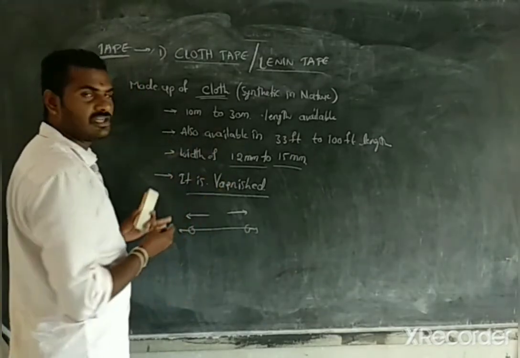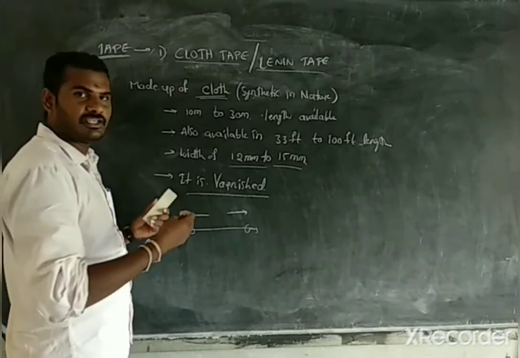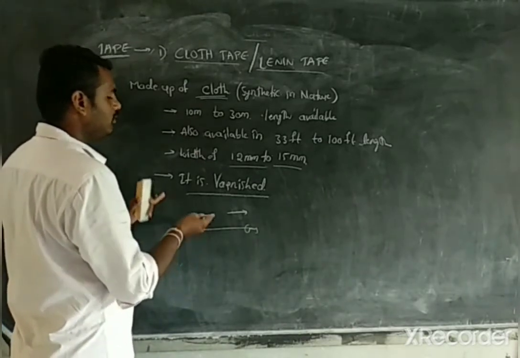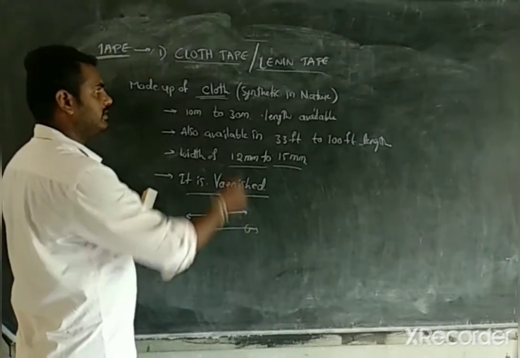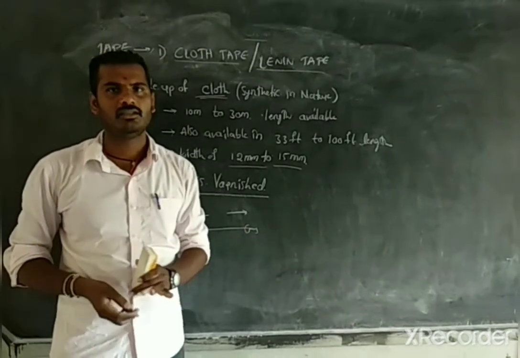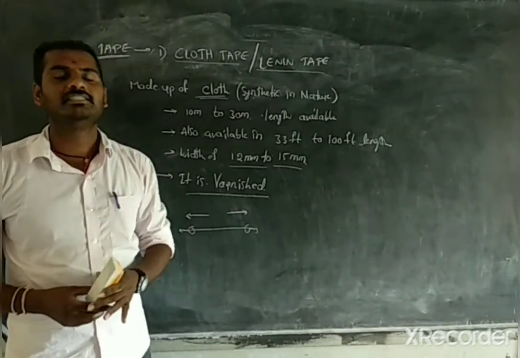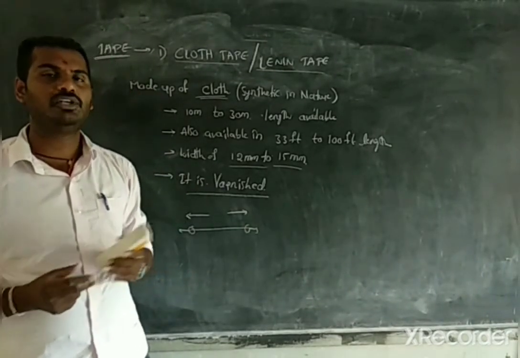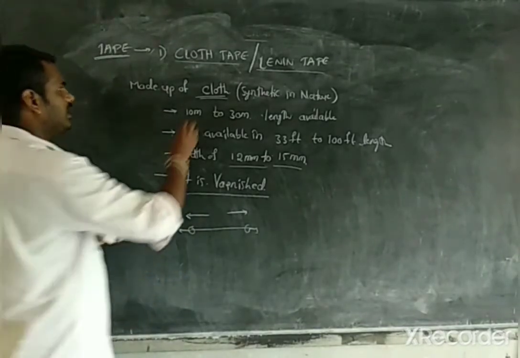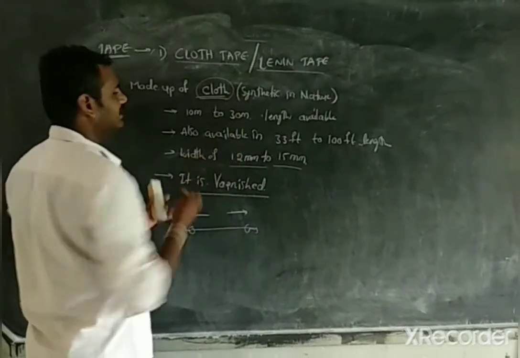Even metallic chains are subjected to stretching. So here the cloth is more susceptible to stretching, which leads to failure of the tape. That is the first thing. Second, there is a possibility to shrink. Whenever cloth is wet, it automatically shrinks.